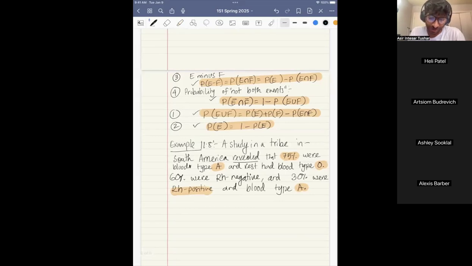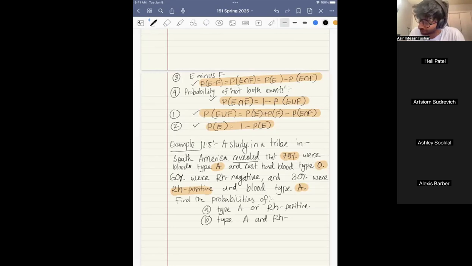Now, find the probabilities of type A, or Rh positive, and P is type A and Rh negative.